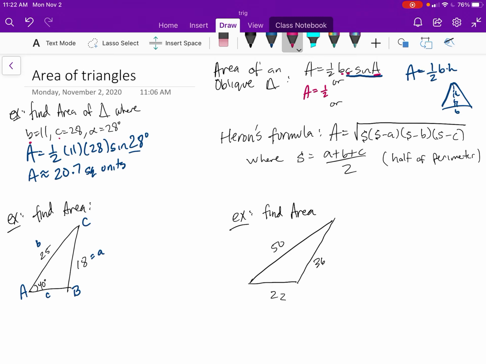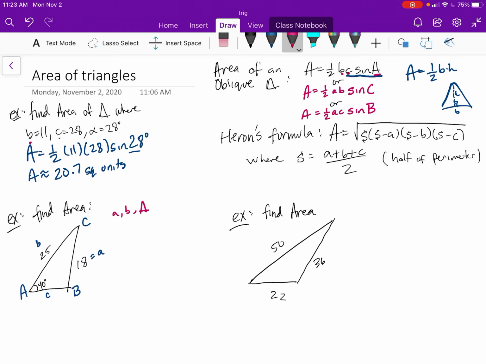But if I have lowercase a and b, then I would need capital C. And if I have the sides, when I say lowercase, right, the sides a and c, then I need angle B. Well, looking at what I have, lowercase a, lowercase b, and then capital A, that doesn't fit any of those three. Point is, you may need to do a little bit of work in order to proceed with the formula. Okay.